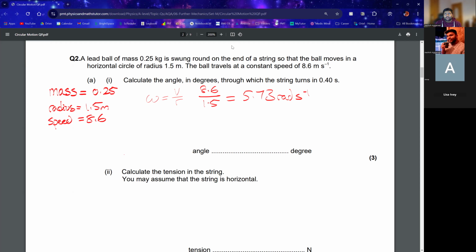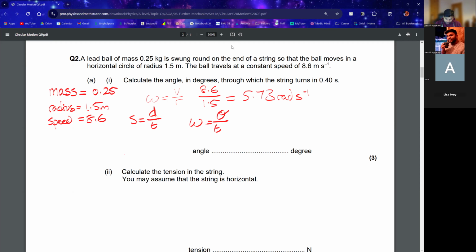So speed equals distance over time, but instead of speed, we're using angular speed, and instead of distance, we're using the angle that it's traveled. Time is still time.